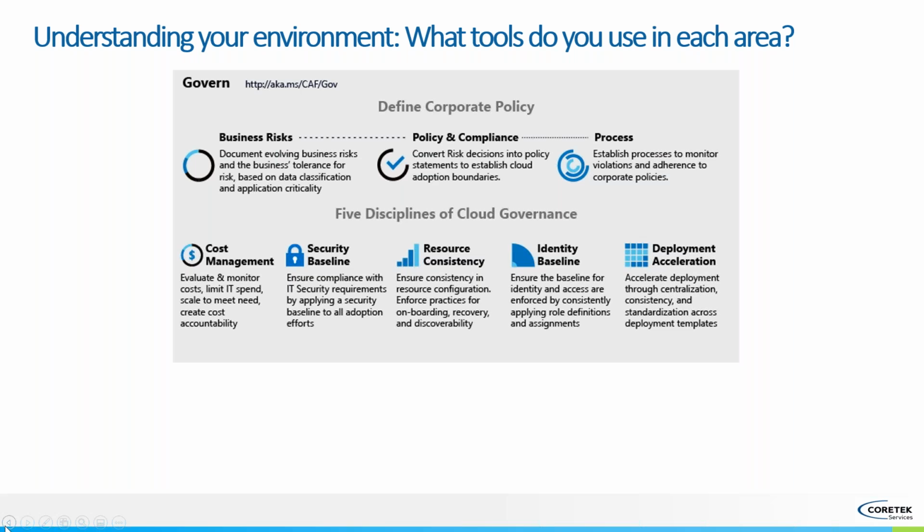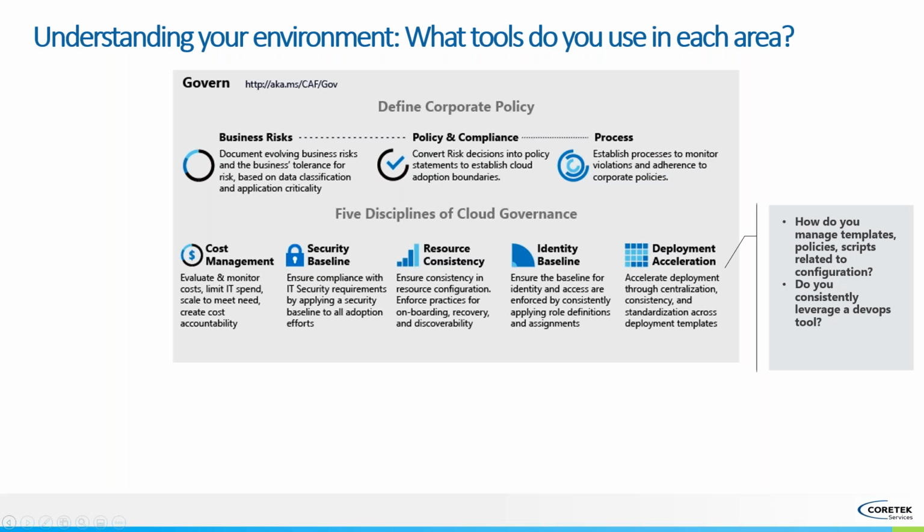And ultimately, when you're looking at governance, there are 5 disciplines of it: cost management, security baseline, resource consistency, identity baseline, and then deployment acceleration, and really defining how are you managing, how are you deploying assets and policies, and what do you need?